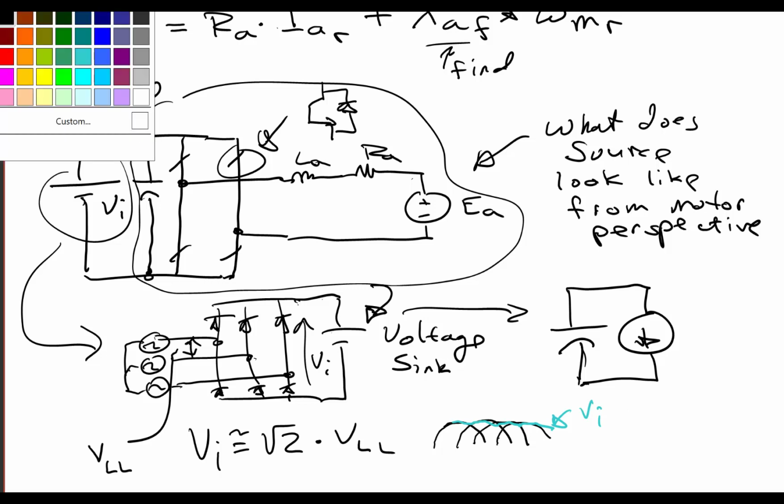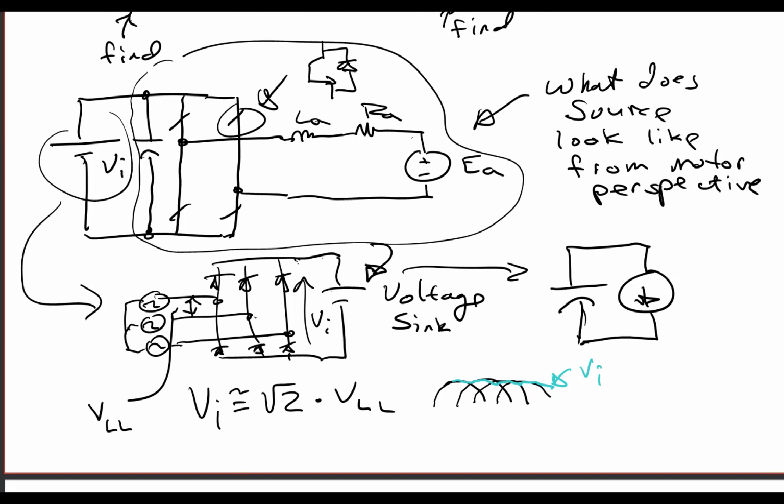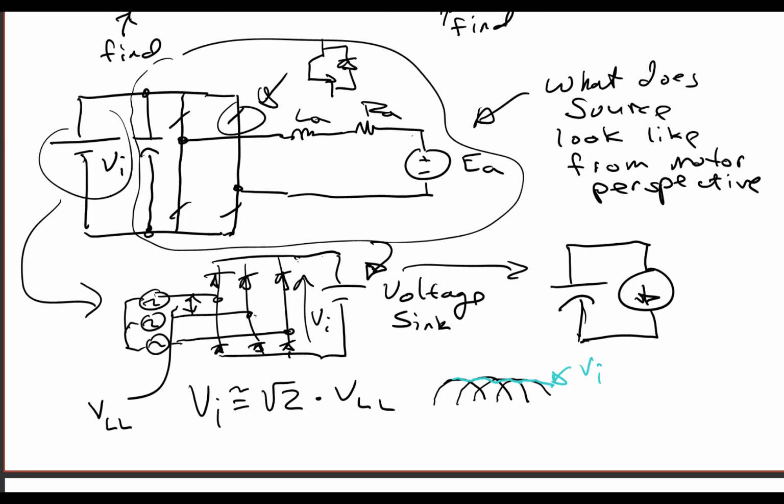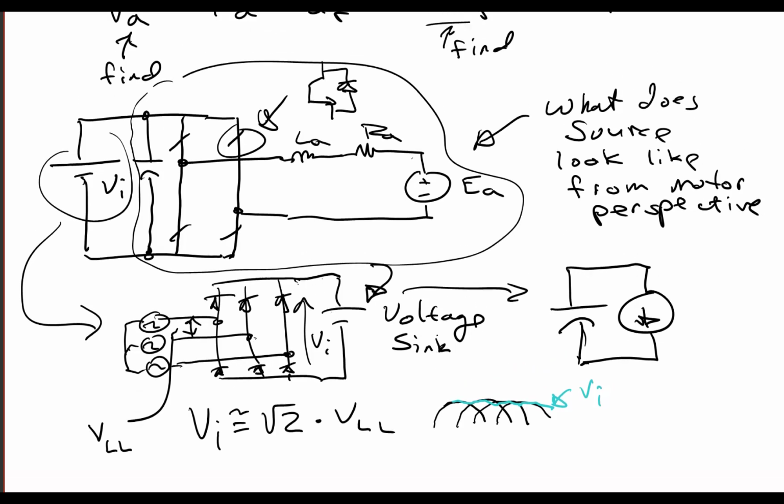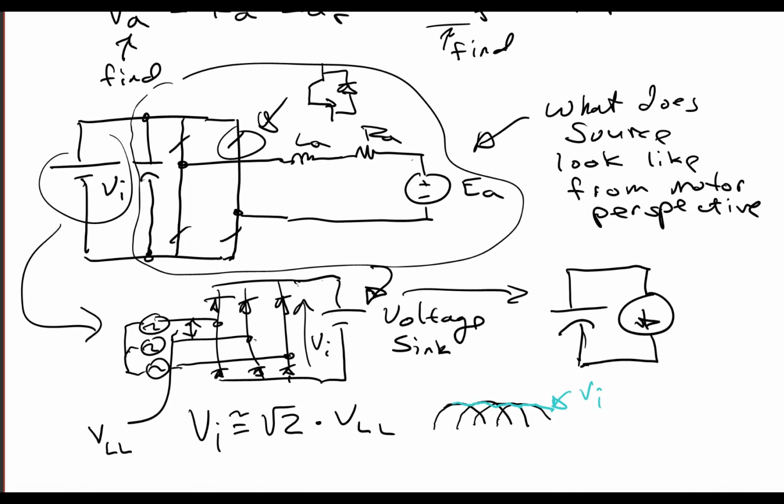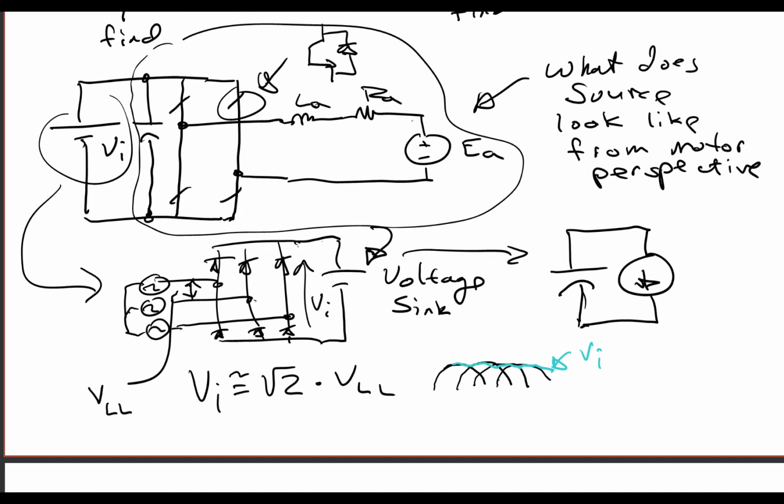So we know what V sub I peak is because we know now we're driving the source. It's 208. Same thing at the field, and there's no transformer to the field in this case. They're both being driven off of 208 volts.